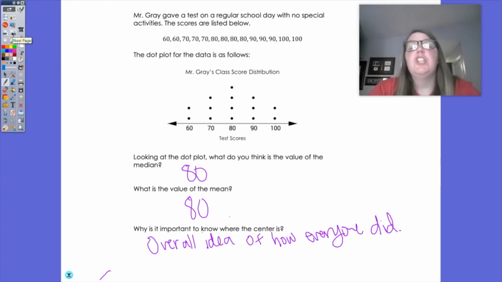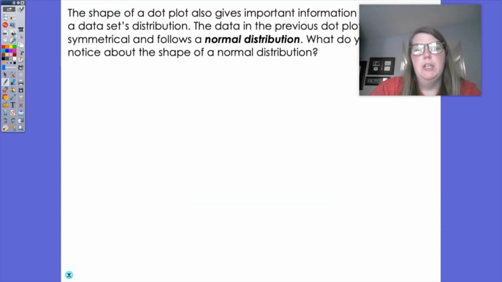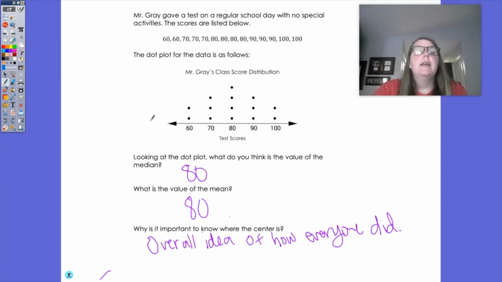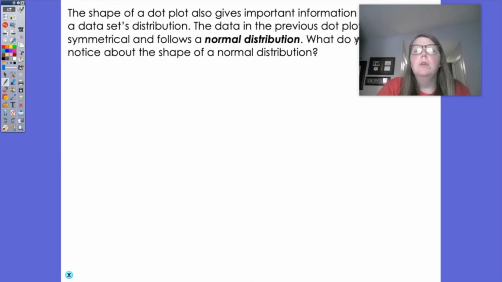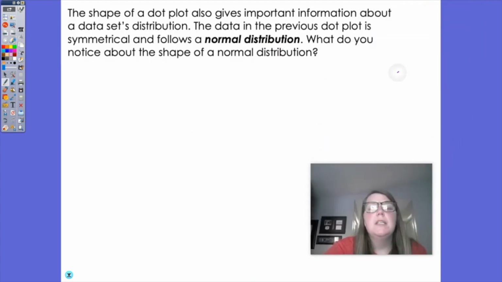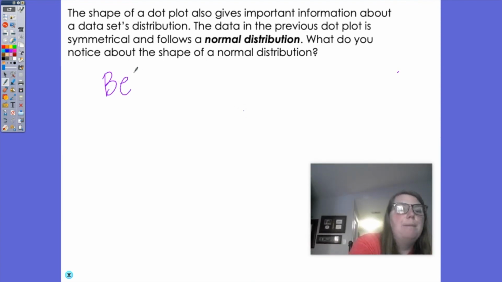If you look at the shape of Mr. Gray's distribution, it starts small, goes up, and then goes down. You may have heard that called a bell curve before. It's also called a normal distribution, or a bell shape, because it follows that smaller, up, and down pattern.